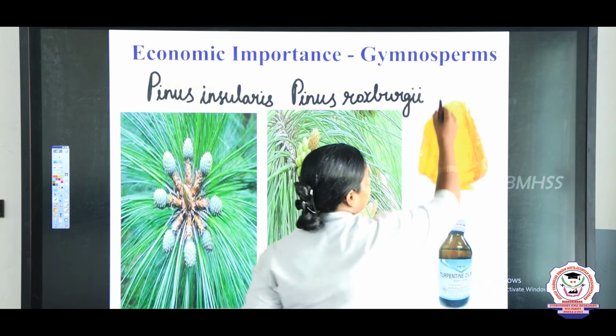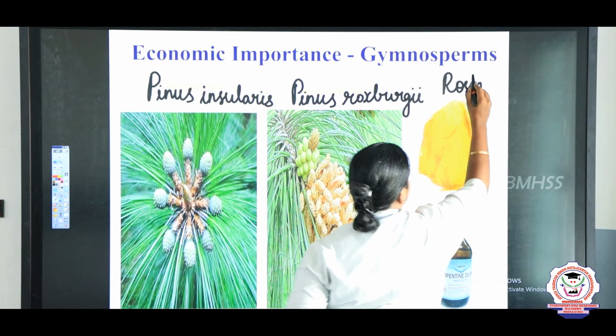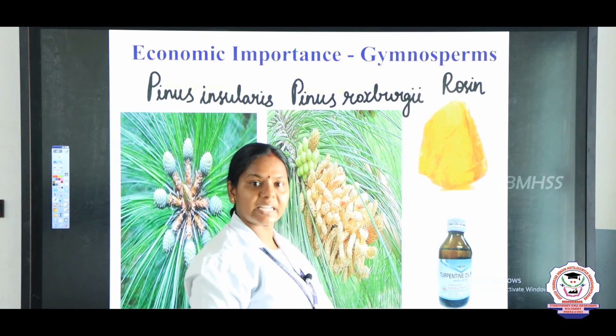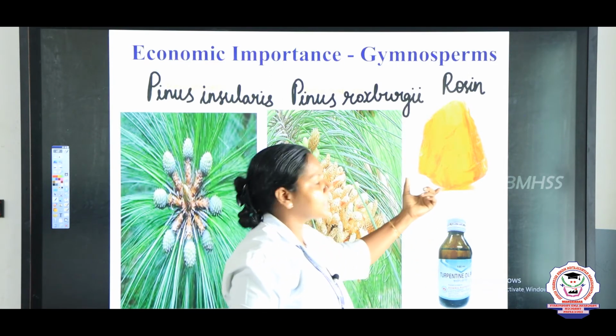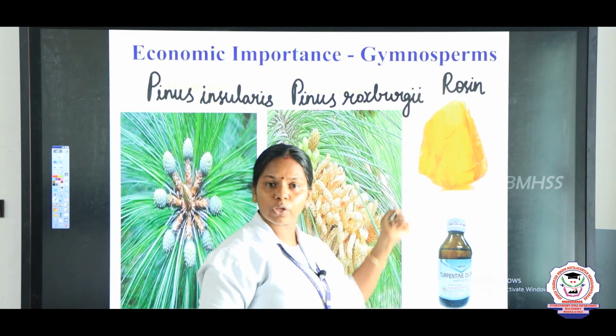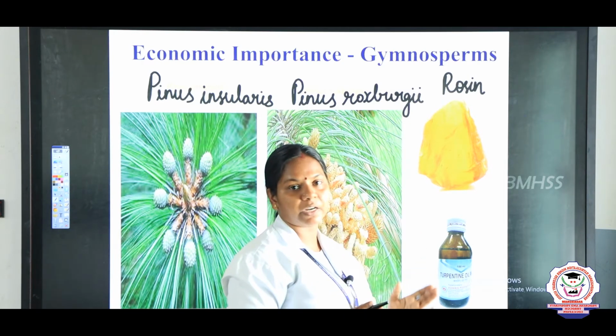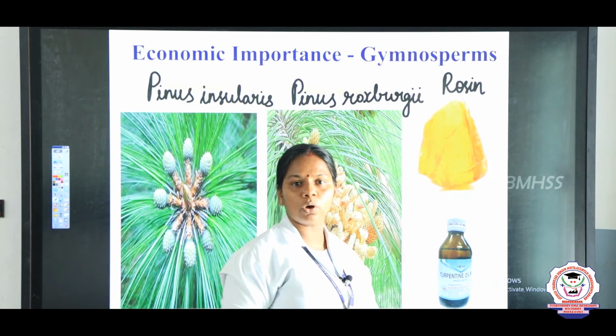What is this substance, children? Rosin is a hardened form of resin, right? And what is the use of rosin? It is used in the paper industries.